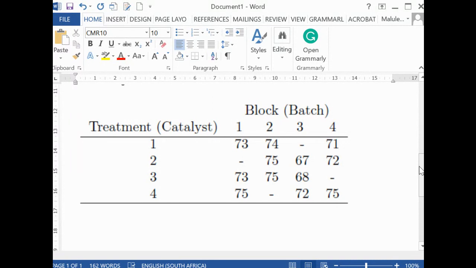I want to go to the whiteboard now. The question that we're answering is to check if there is a difference between treatment means. So we're going to test for the treatment means, but rule number one, we don't estimate these missing values. As long as our lambda is an integer, we can solve this problem as a BIBD.